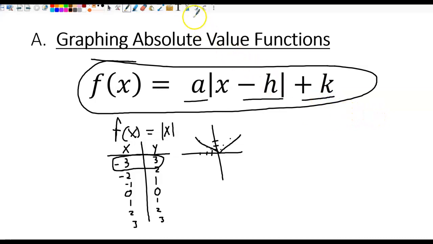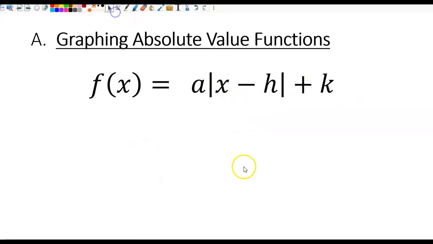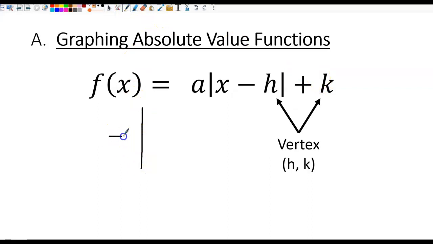All of these are basically just transformations of this one basic absolute value function graph that we have here, the V that's centered in the middle of the graph. What we learned yesterday is that this number here shifts your graph to the right and up. Usually the absolute value function's vertex is right in the middle at 0, 0.